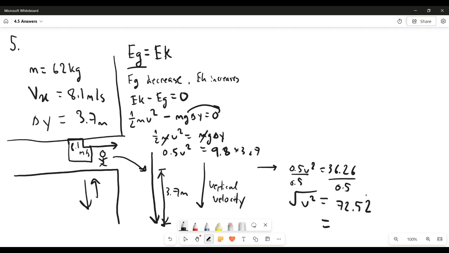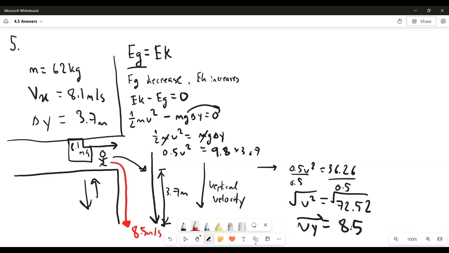Last but not least, square root each side, which gives us 8.5. We'll just say 8.5. Now, it's important to remember that this velocity we just found is the vertical velocity. And so what that means is right when this snowboarder is just about to hit the ground, the maximum vertical velocity that this person will have is 8.5 meters per second.